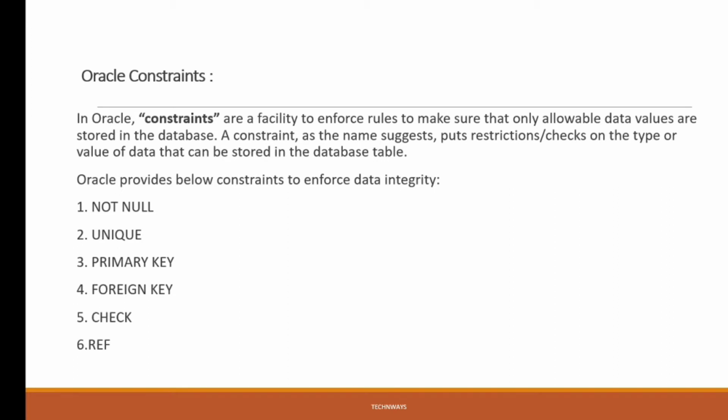So basically, in Oracle, constraints are used for enforcing some rules while updating or inserting data into the table. As the name suggests, if we have a lot of data, like 1 lakh, 10,000, or 1 crore records, we cannot check each record individually.